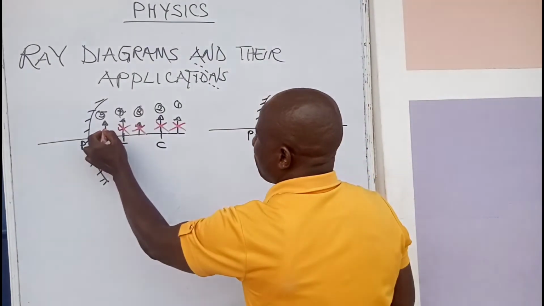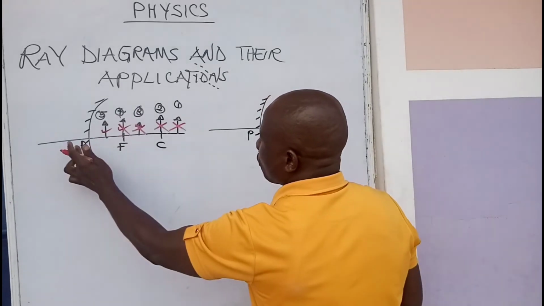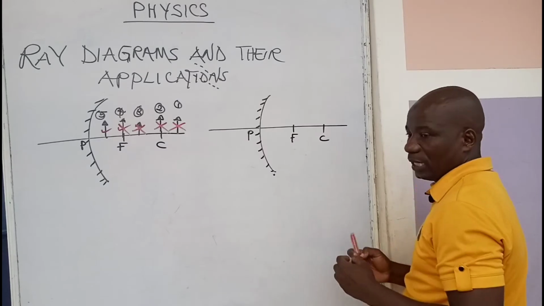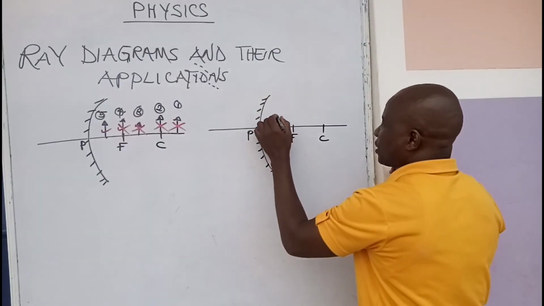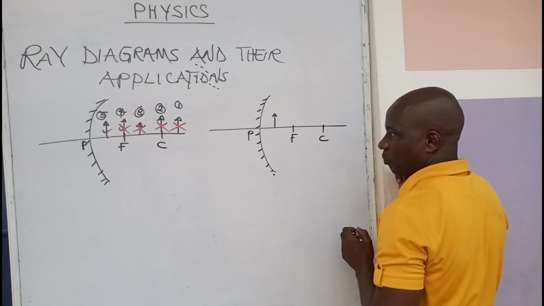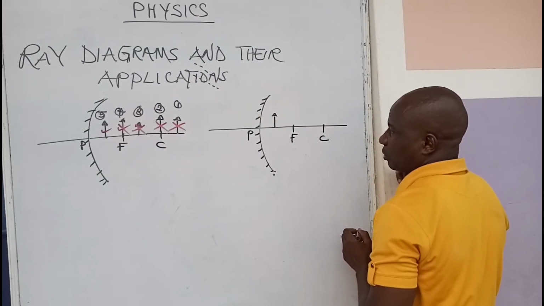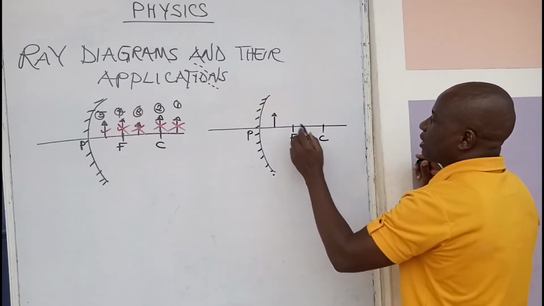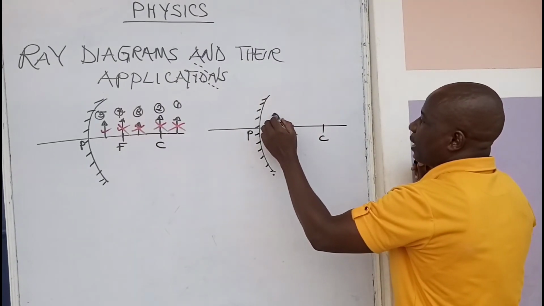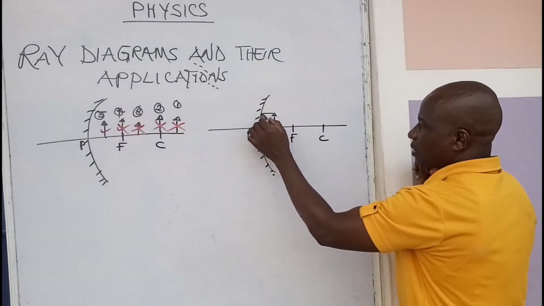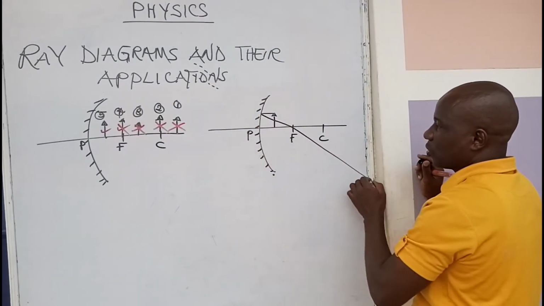The object is placed between the pole and the principal focus. That is between this. You see. As usual, let's go. Now, the object is placed between this and this. So we have this parallel ray. Where will it pass? Through the focus.